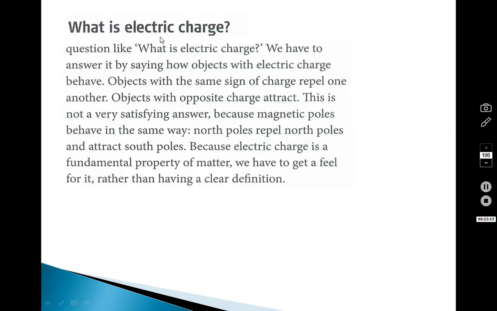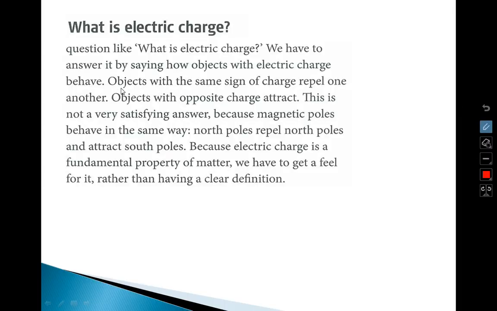So what is electric charge? A question like what is electric charge, we have to answer by saying how objects with electric charge behave. Objects with the same sign of charge repel one another.